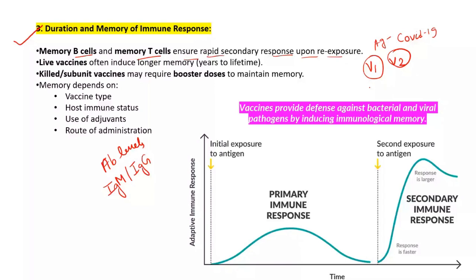So memory B cells and memory T cells are measured after vaccines are administered, after a certain period of time. These things are measured, to see which vaccine has induced a lot of memory B cells and a lot of memory T cells. As we have just studied, Th1 and Th2.